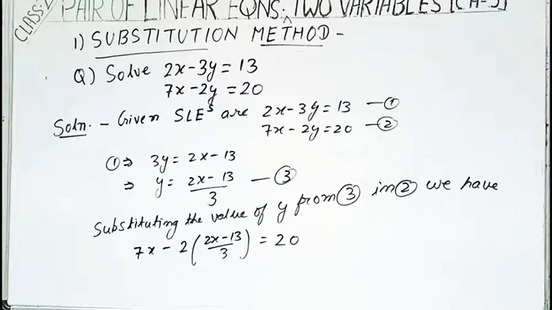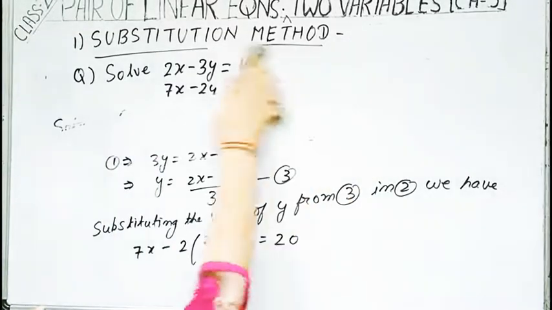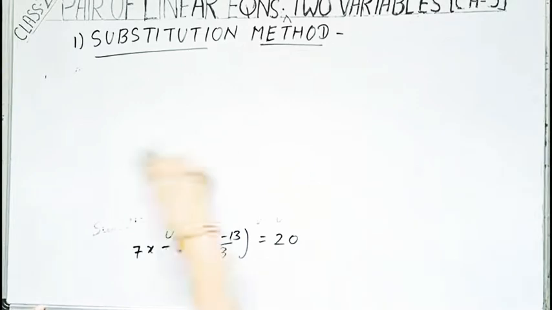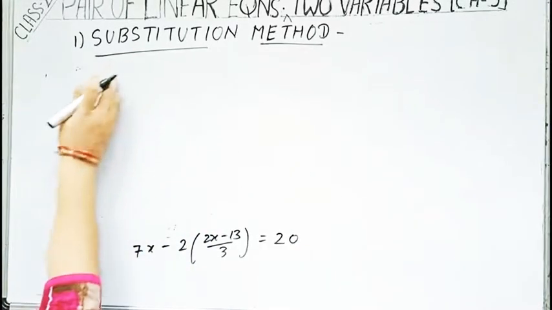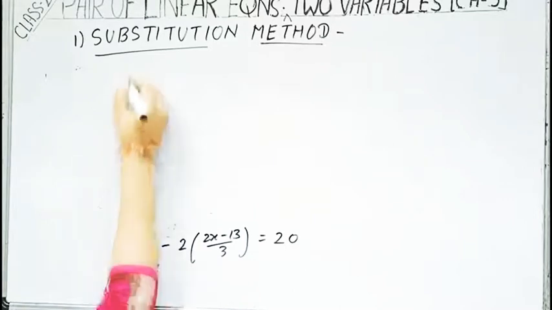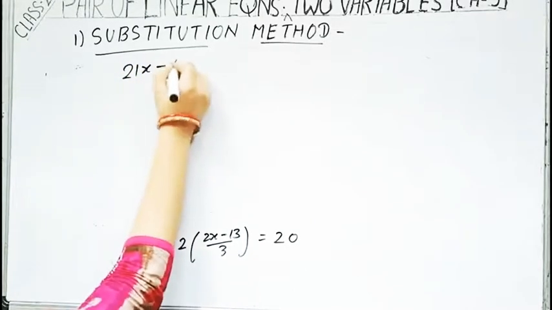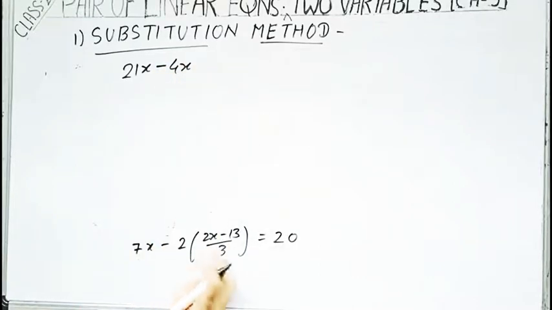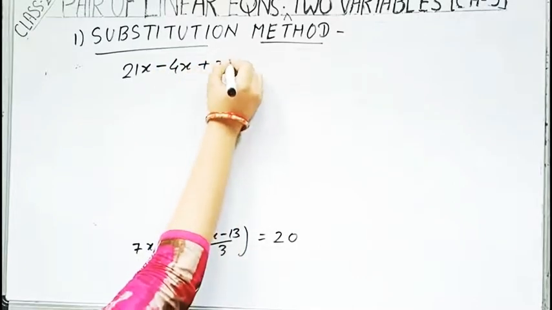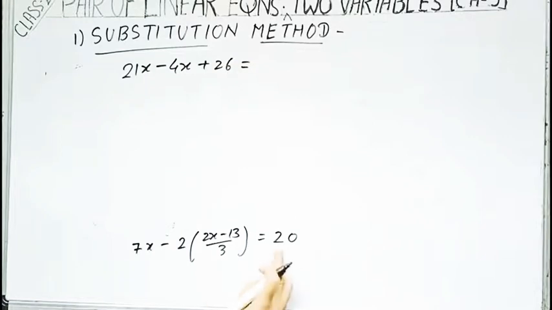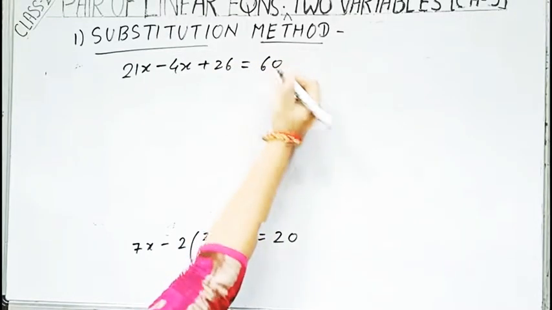This equals 7 3s are 21x minus 4x plus 26 equals 60.